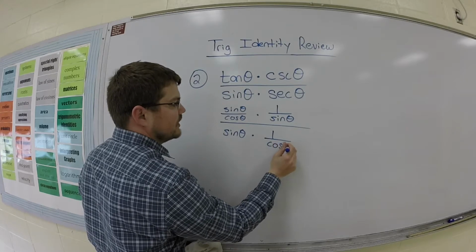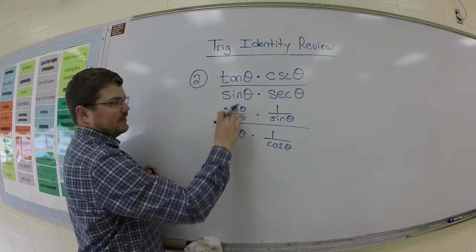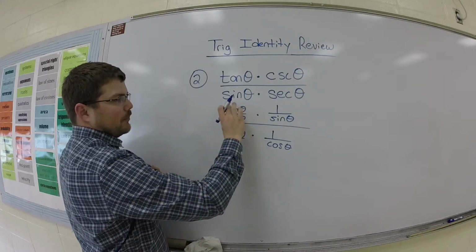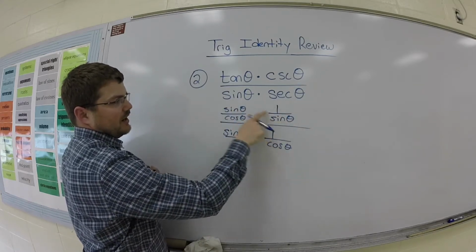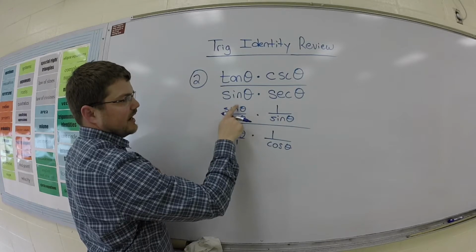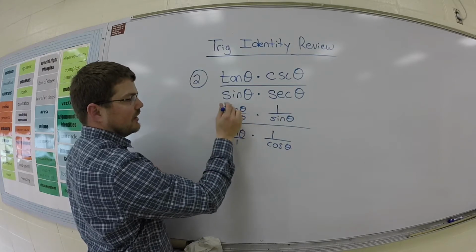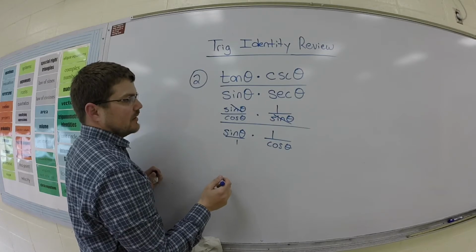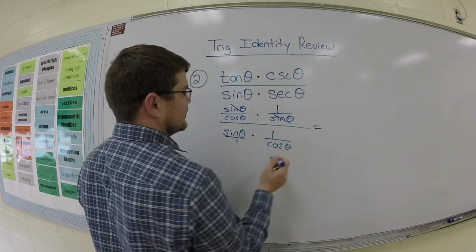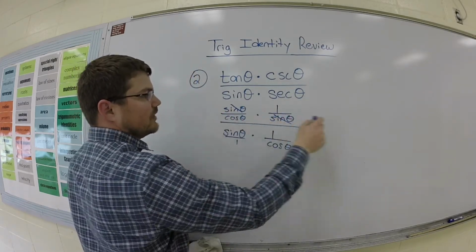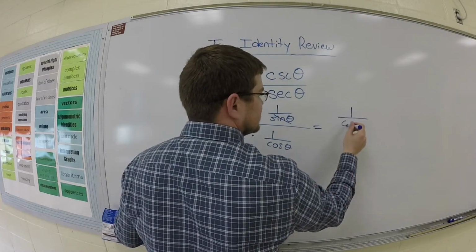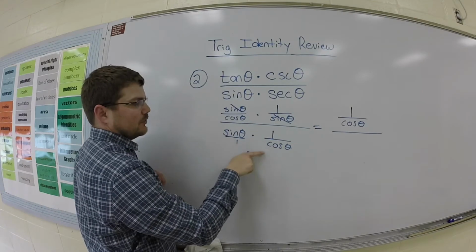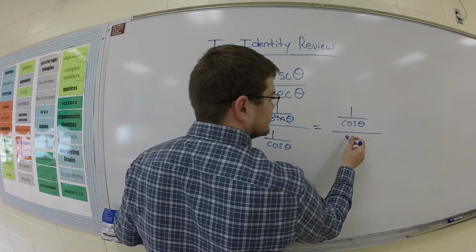Now let's simplify the top and the bottom. If you have trig functions diagonally that are the same and we're multiplying, we can cancel these out. So sine and sine cancel. And so this equals 1 over cosine divided by sine over cosine.